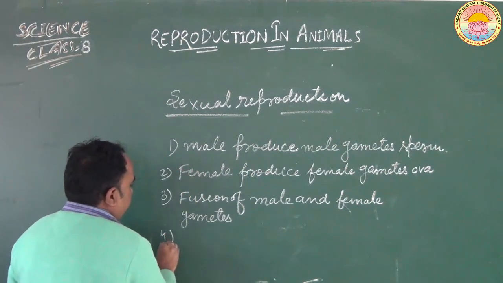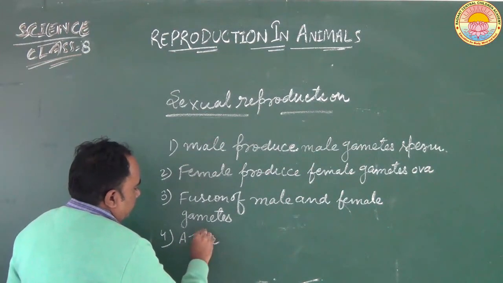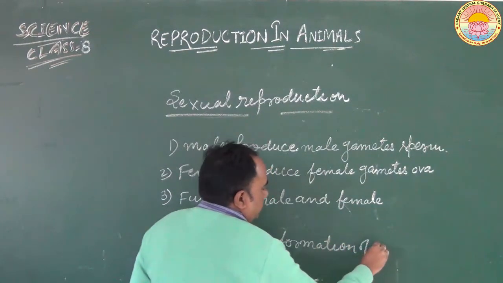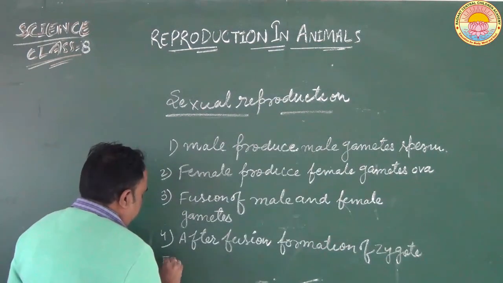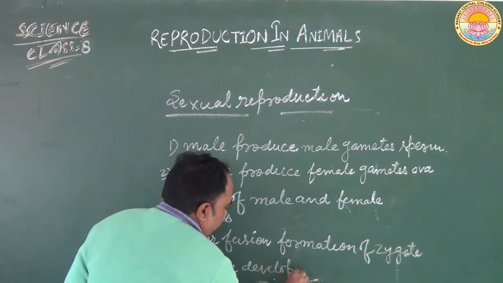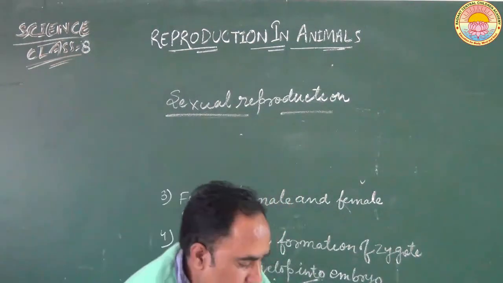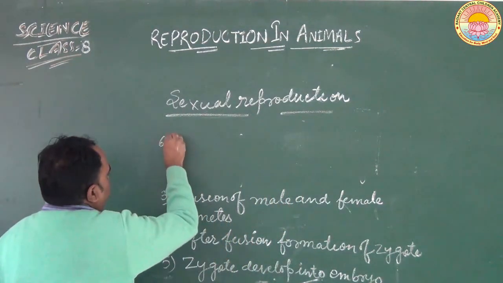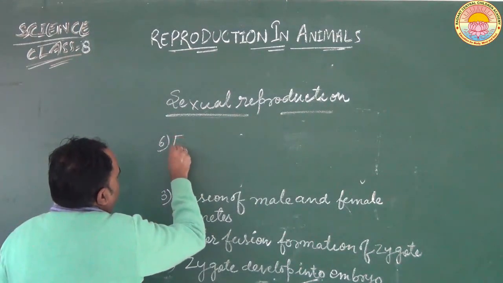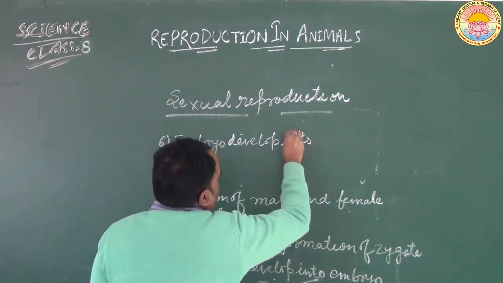Fourth, after fusion, formation of the zygote. Fifth, the zygote develops into an embryo. Sixth, the embryo develops into a fetus.